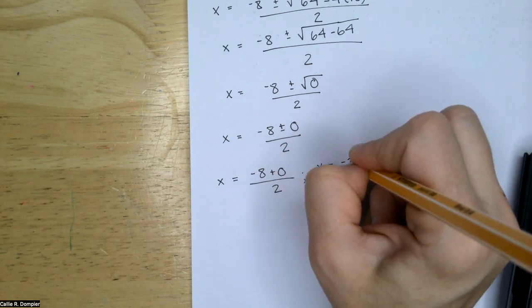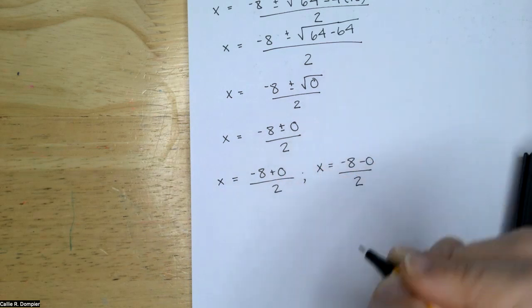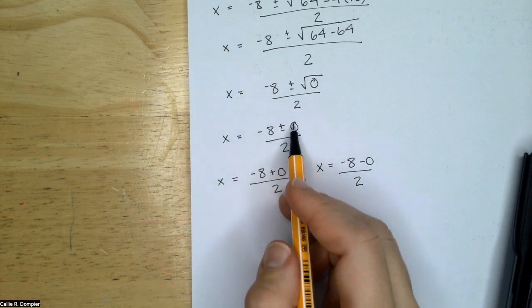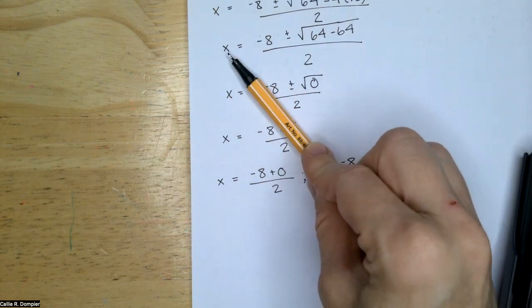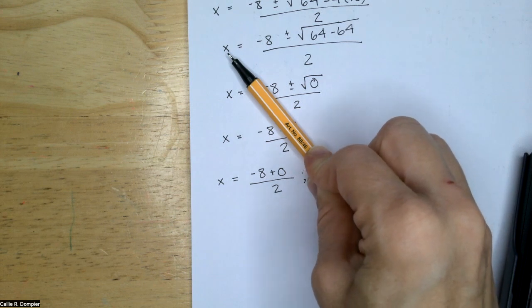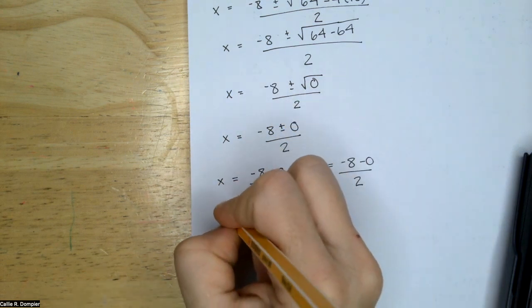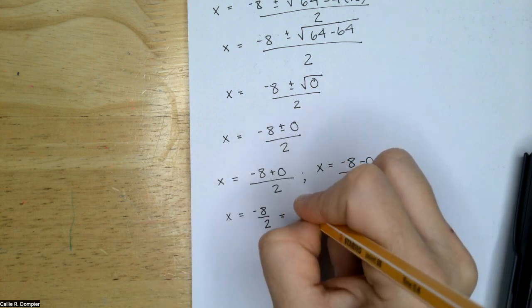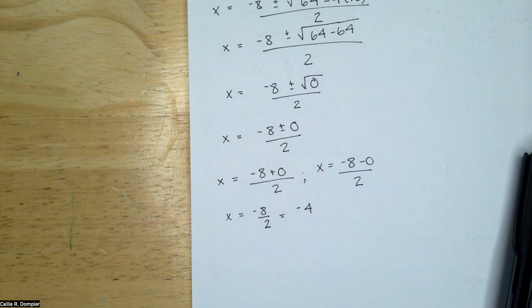X equals -8 minus 0 over 2. However, adding 0 and subtracting 0 are the same, right? If that becomes 0, then we see that we just have one answer, -8 divided by 2, right? So x is -8 divided by 2, which is -4. In this case, we only had one answer. X is -4.